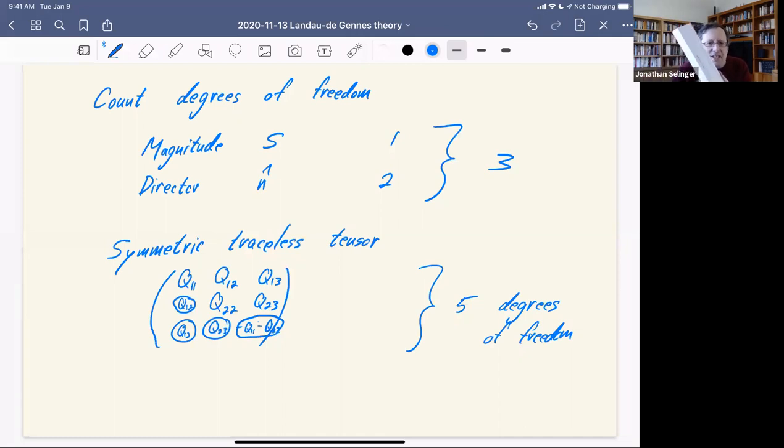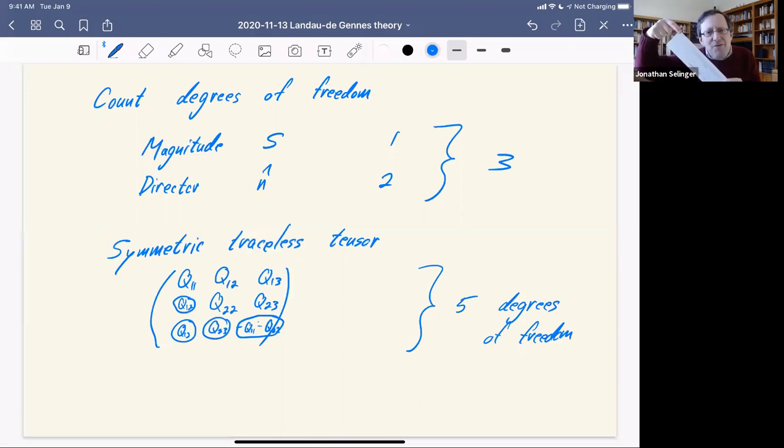You also need a magnitude to say how long is the long direction. All right, that covers the uniaxial part, but that doesn't tell you about what's going on with rotations about the long axis.